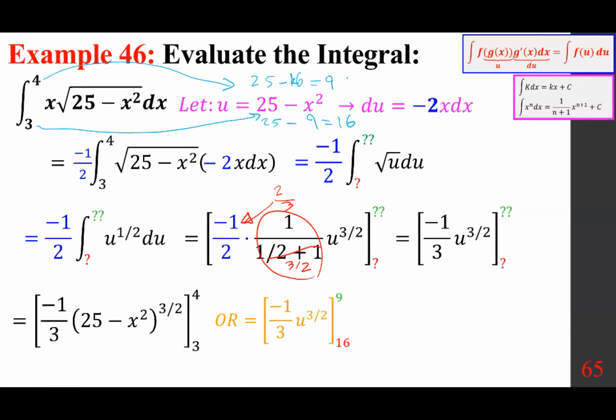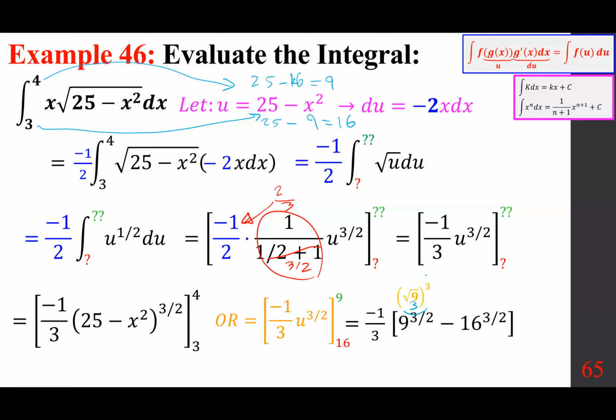So you have a choice of going with the original variable or not. Original variable, use original limits. New ones, use different limits. So all you have to do, plug in 9, plug in 16. This is basic math. We're going to evaluate this. 9 to the power of 3/2 means square root of 9 cubed.